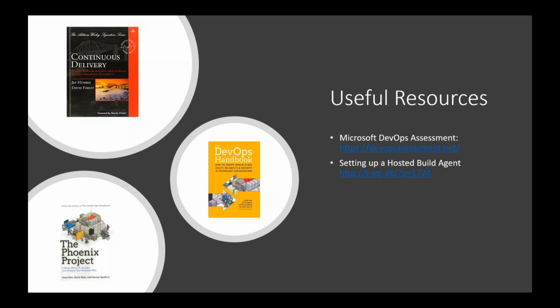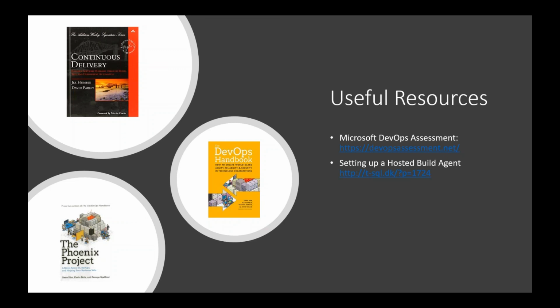Last up before the questions, some useful resources. There's the Continuous Delivery book by Jez Humble and David Farley. There's also the DevOps Handbook by Gene Kim and others, which are very good reads. I highly recommend those. And for some leisure reading, The Phoenix Project is actually quite good.